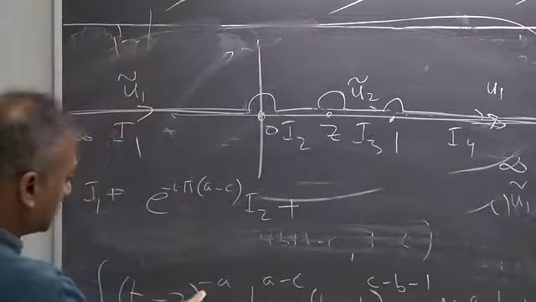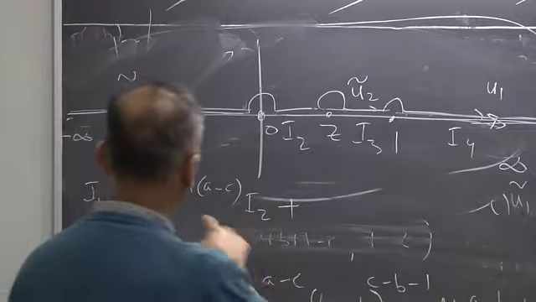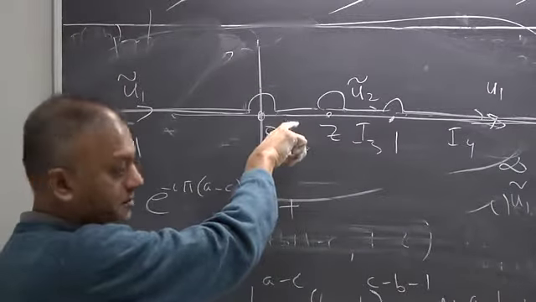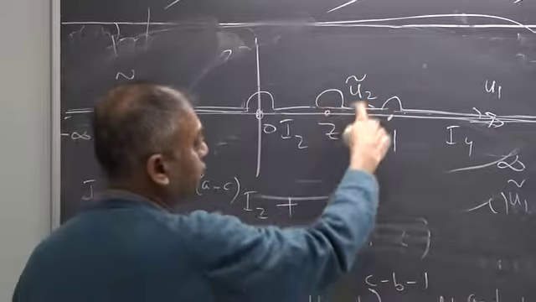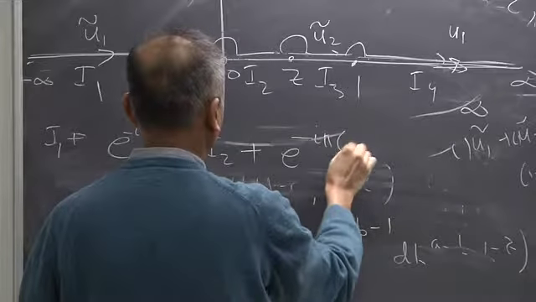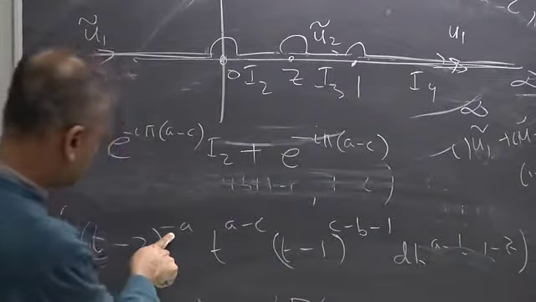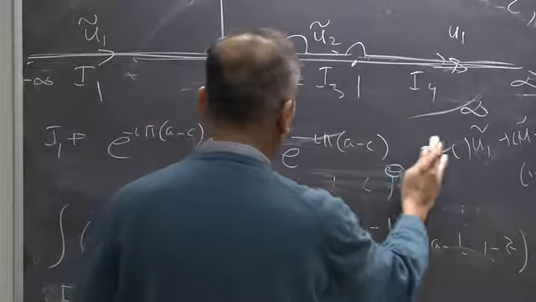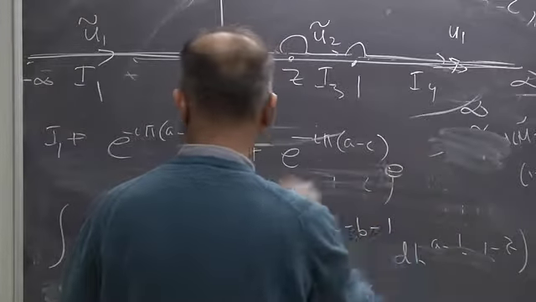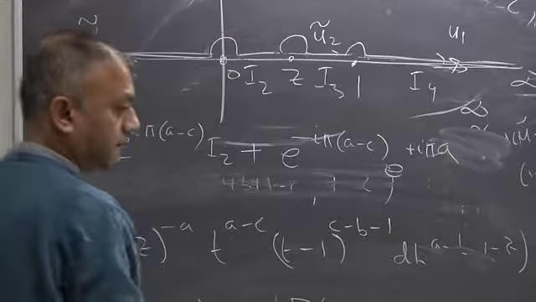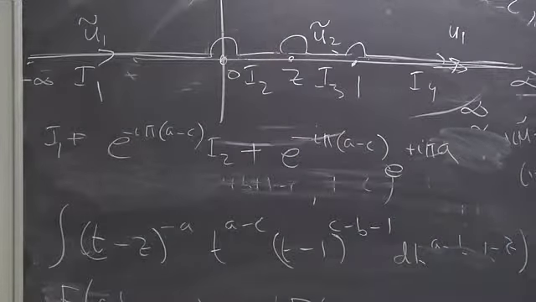I already have the phase from the previous thing. I mean, to arrive here, I have to go around this and then go around that. No? So there is already e to the minus i pi a minus c. But on top of it, I have also to consider this phase, which is another e to the power of plus i pi a, right? Because it's clockwise, times I3.